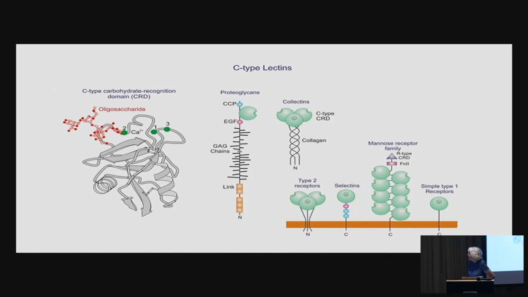They can do things like endocytosis, cell adhesion, or signaling. The C-type carbohydrate recognition domain recognizes the sugar, decodes the information, and then these additional accessory domains determine what happens after those sugars have been recognized. The C-type lectins have a variety of different sugar specificities, either for galactose or mannose or more complex motifs.